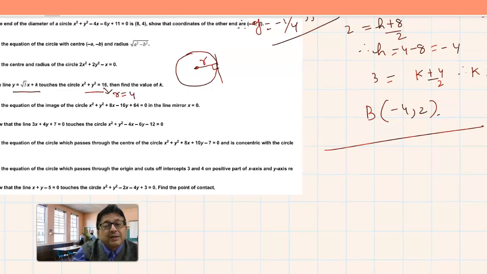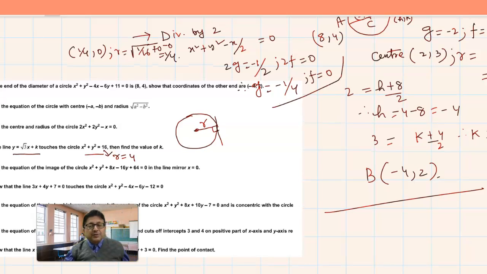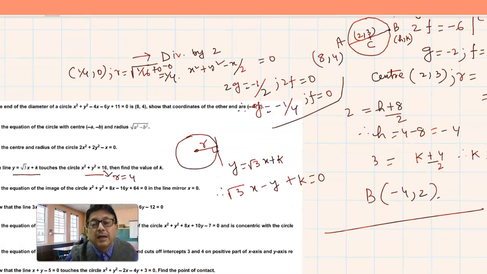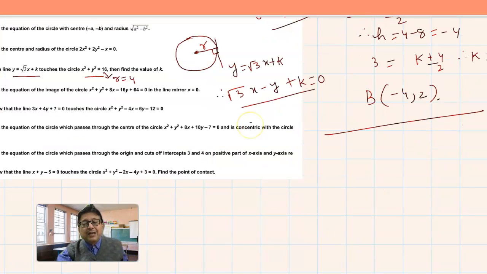So radius is equal to 4. The line which I have shown in the diagram, you may take y equal to root 3x plus k. For simplicity, you write this as root 3x minus y plus k equal to 0.